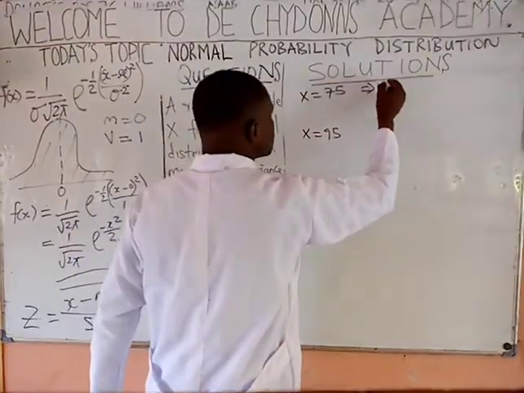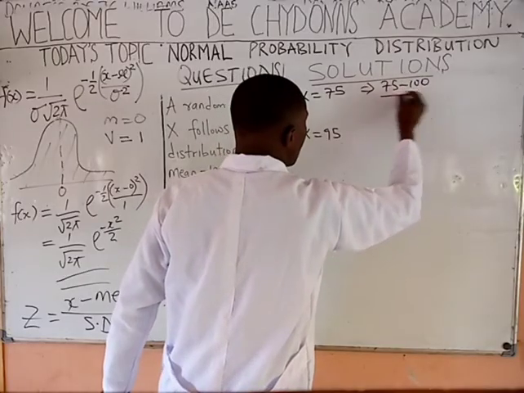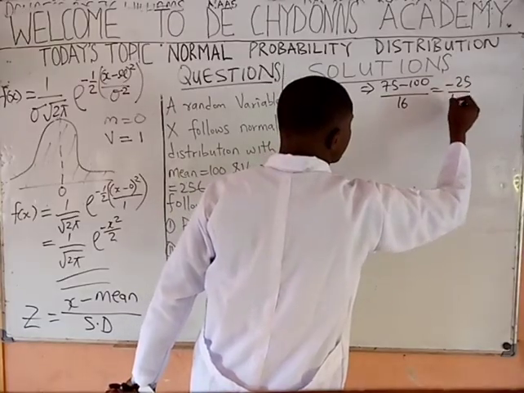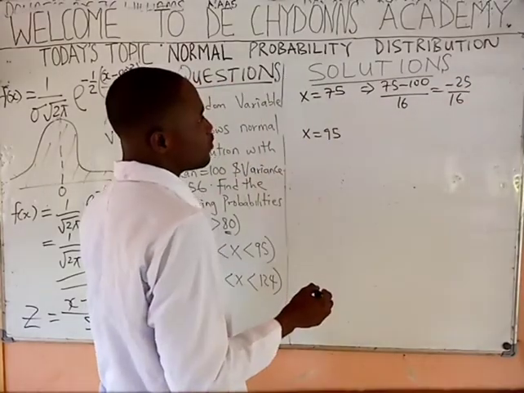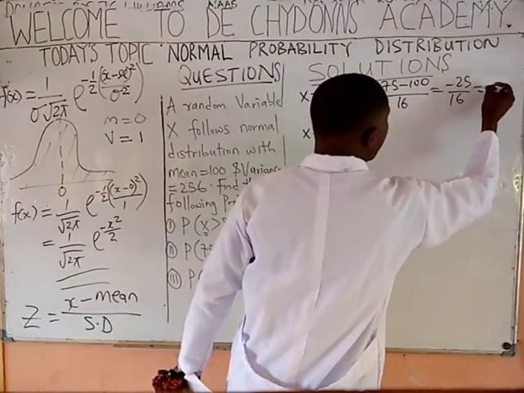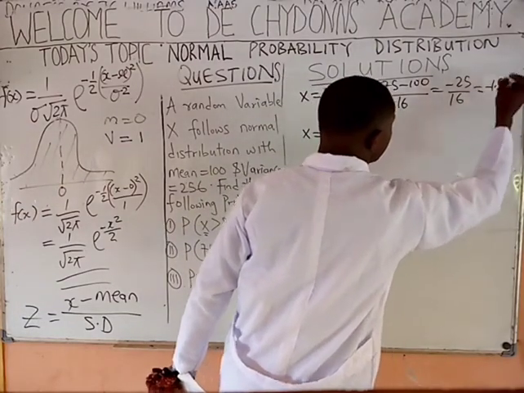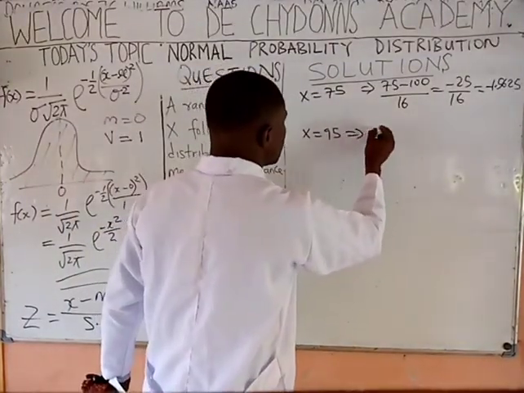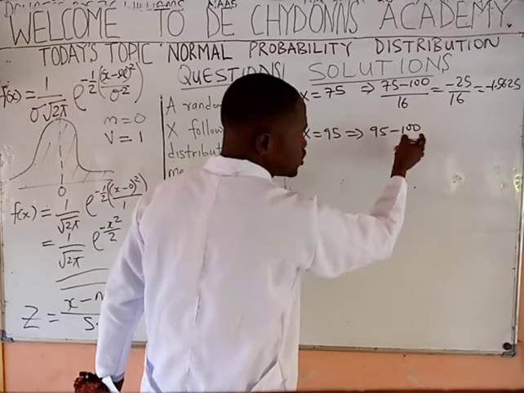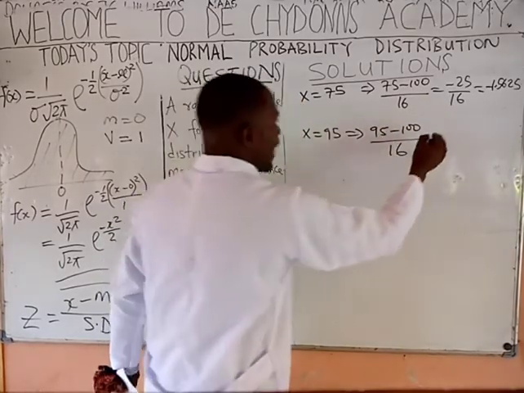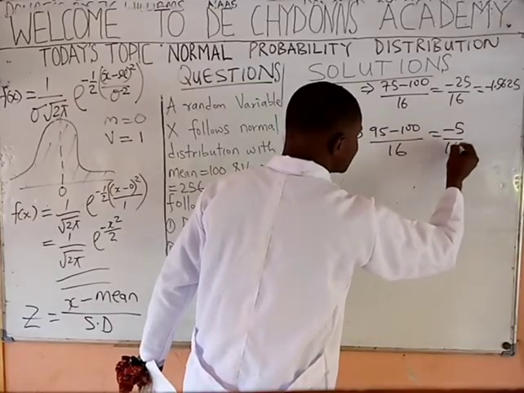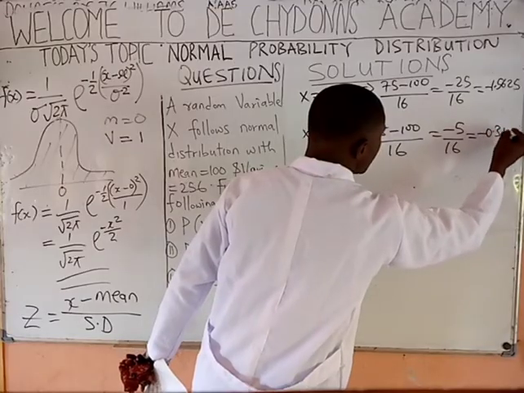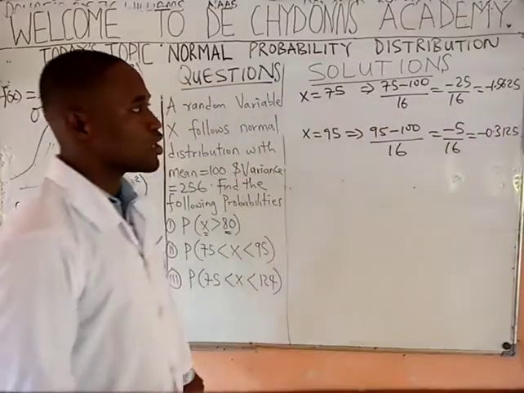The z-score for this will be 75 minus 100 all over 16, which is minus 25 over 16, and that will give you minus 1.5625 if you press your calculator very well. Then for this one, it will be 95 minus 100, which is the mean, all over 16, giving you minus 5 over 16, and that will be minus 0.3125 if you also press your calculator well.